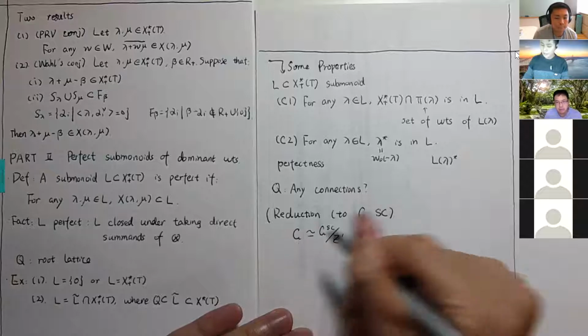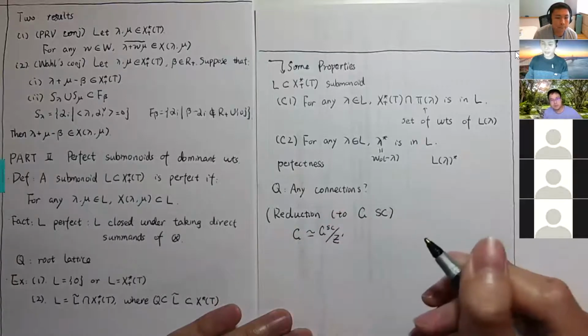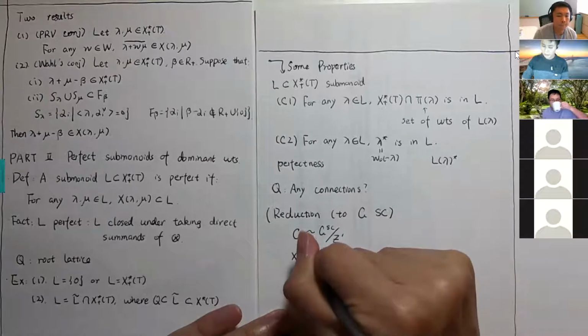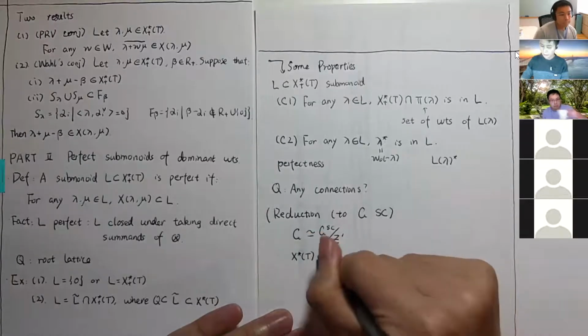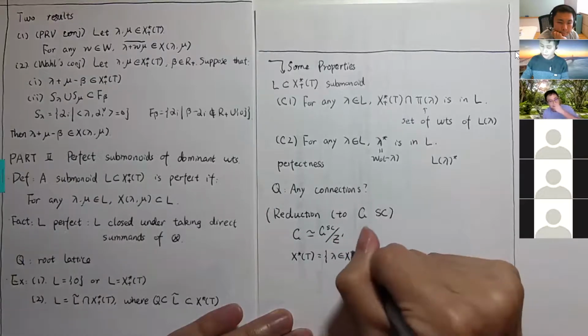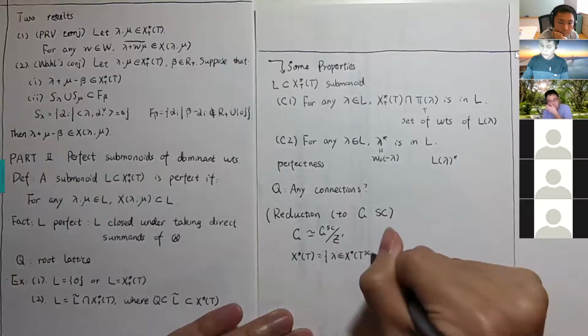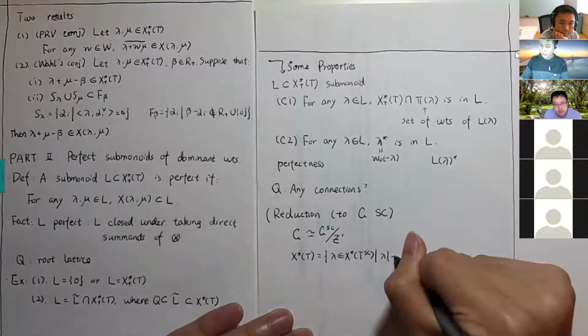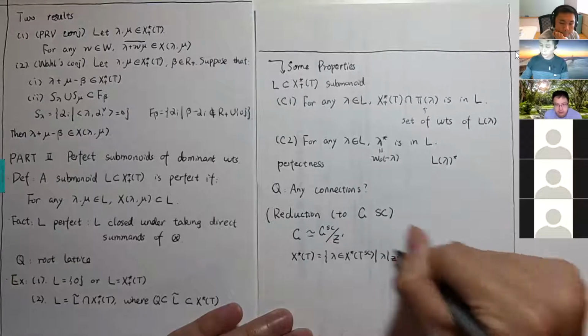And in this case, G and GSC have the same root lattice. And the weight lattice of G, X star T, can be viewed as a subset of the weight lattice of GSC, consisting of those weights which are trivial on this central subgroup.